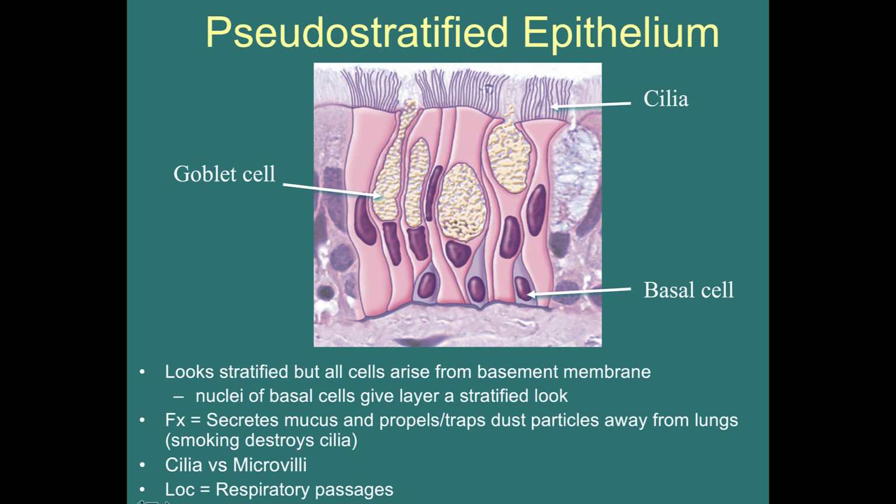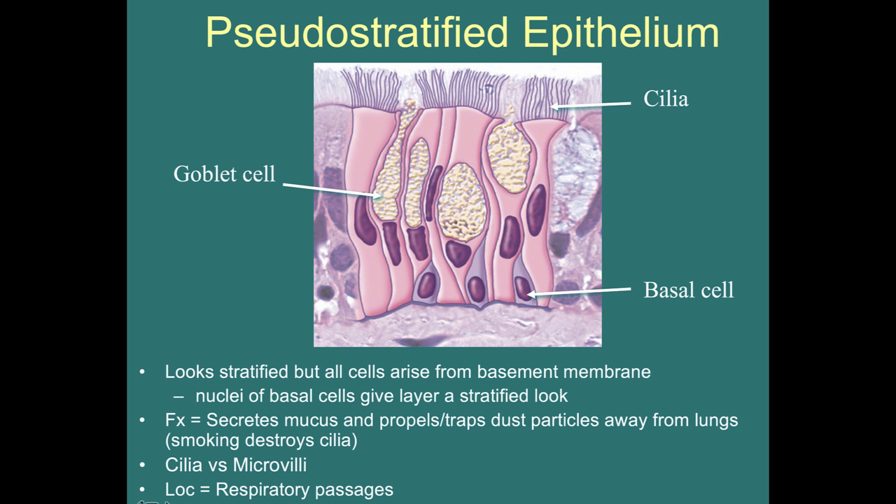So pseudo means false. One of the other things that you'll notice here is that we have our goblet cells again, a similarity with our simple columnar epithelial tissue. So again, this is going to secrete mucus, and it's going to help trap dust particles. At the top, or the apical portion of these cells, we see cilia.